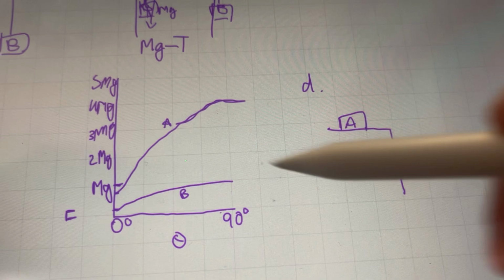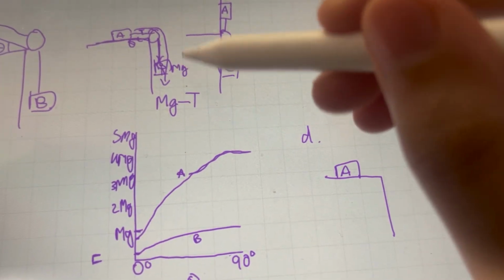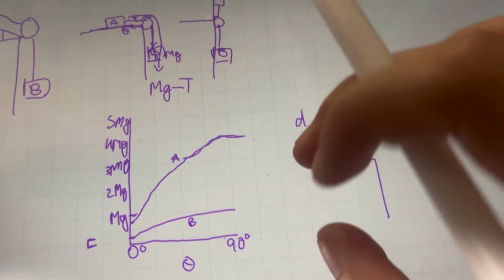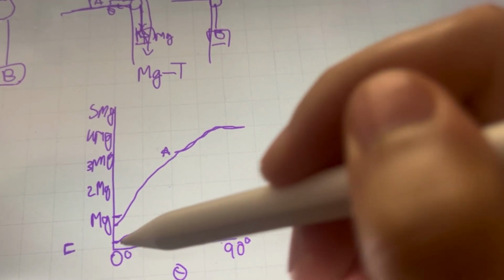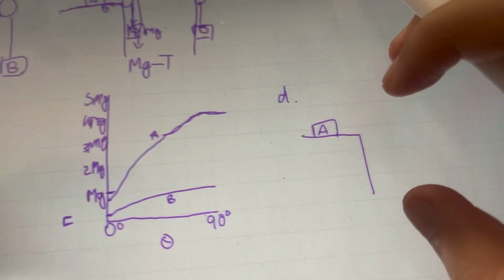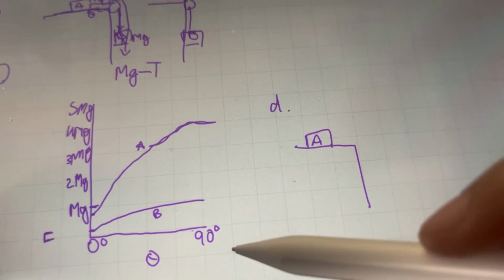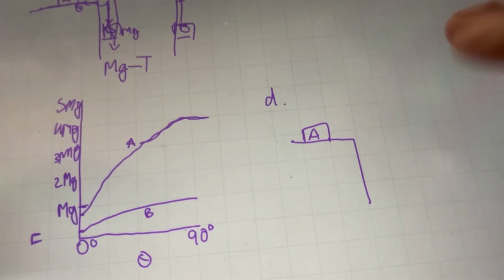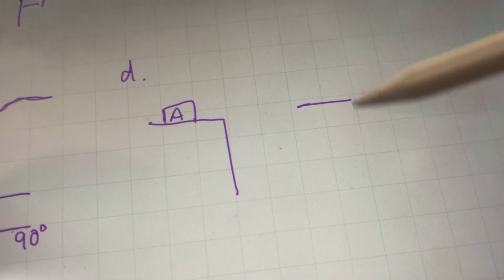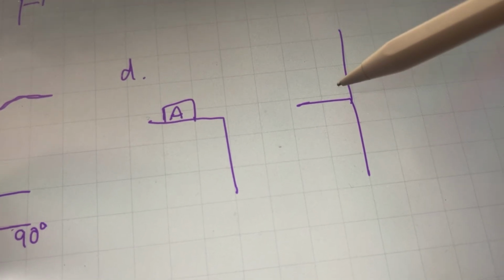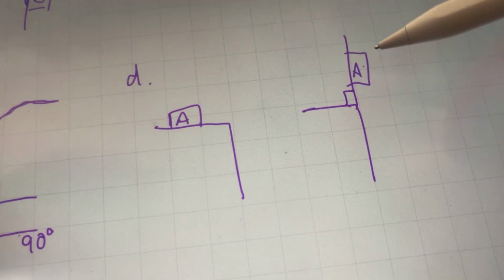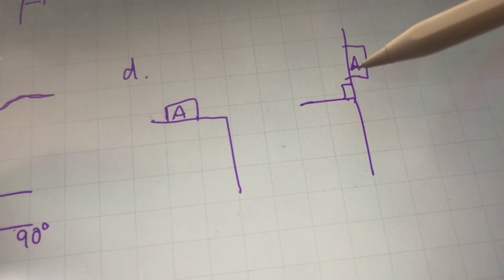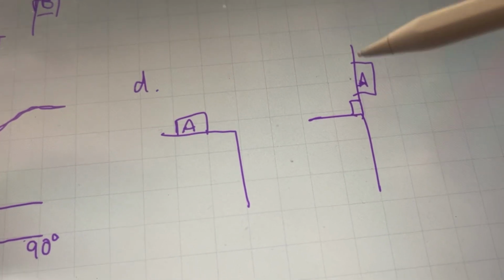There's no mg pulling on it. It's just standing there, so it would literally just be 0. It would start at 0. So that would change, but when it's at 90 degrees and A is right here, it'd still be in free fall either way.